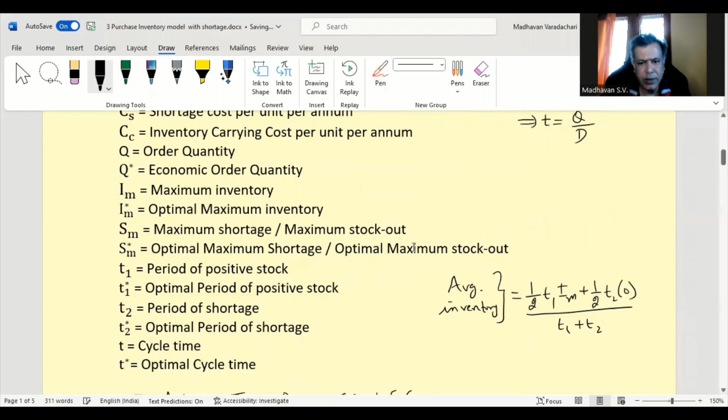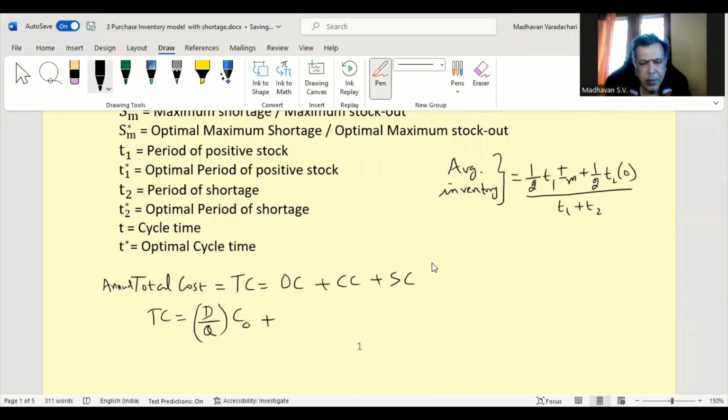T1 plus T2, we know it is T, so we will replace it. Now for calculating total carrying cost, we will write half times IM into T1 divided by 2, and then this term is becoming 0, divided by T1 plus T2, which is nothing but T. So this is nothing but T plus shortage cost.